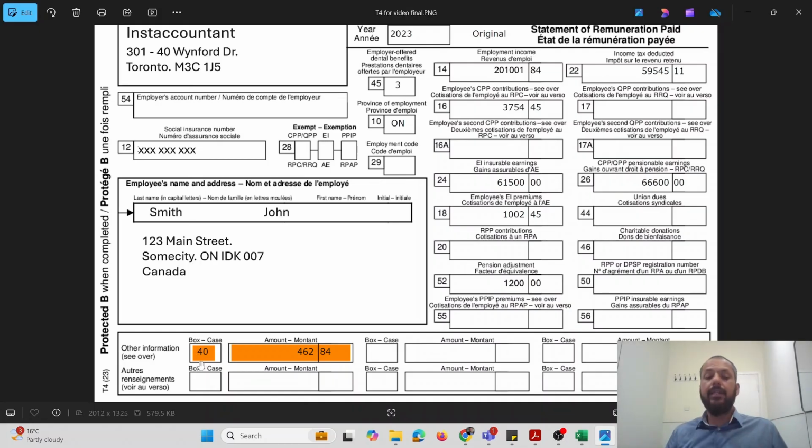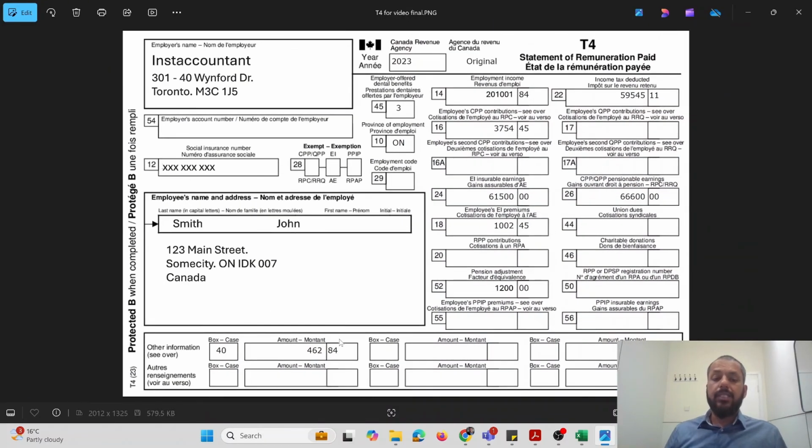You can always inquire about these with your payroll department or HR people, to ask what this amount shows. If there are any donations that got deducted out of your salary, those could be included in box number 46. So these are basically the most commonly used boxes on a T4.